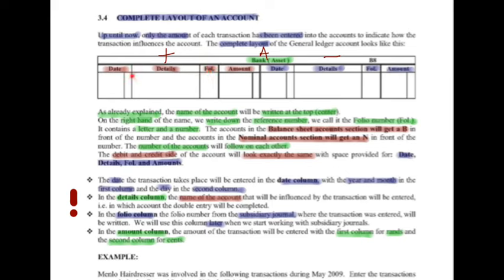The date column: the date the transaction takes place will be entered in the date column. But you can see underneath the date column, there's two columns basically. In the first column, we will write the month and the year, and in the second column, we will write the actual date in that month and year.